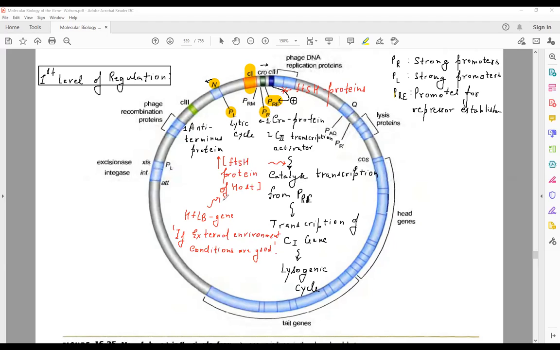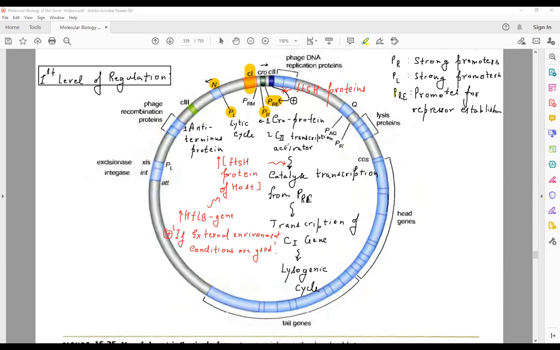See, if the environmental conditions are good, the bacteria will be dividing, and for its growth, it needs to perform the transcription of the HflB gene. It will lead to the formation of FtsH protein. If conditions are favorable, HflB gene transcription is high and FtsH protein is present in high amount.